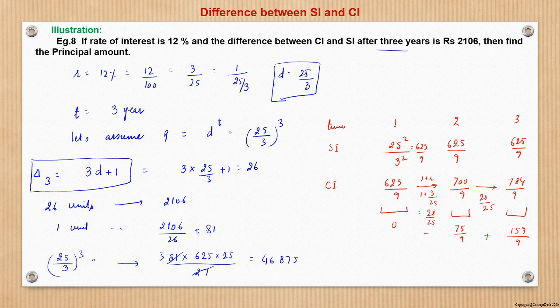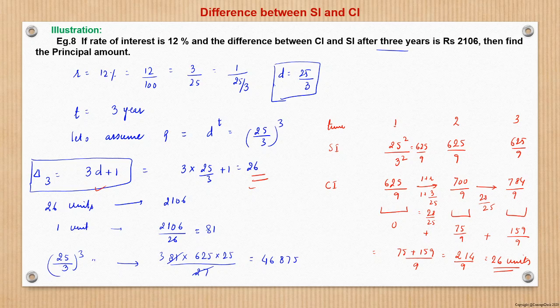If we add this, we get 75 plus 159, which is 234 by 9, which is 26 units, same as what we obtained here, right? So this is the process we will have to adopt in case we forget this formula. Otherwise, with the formula, this is extremely easy to calculate, right?